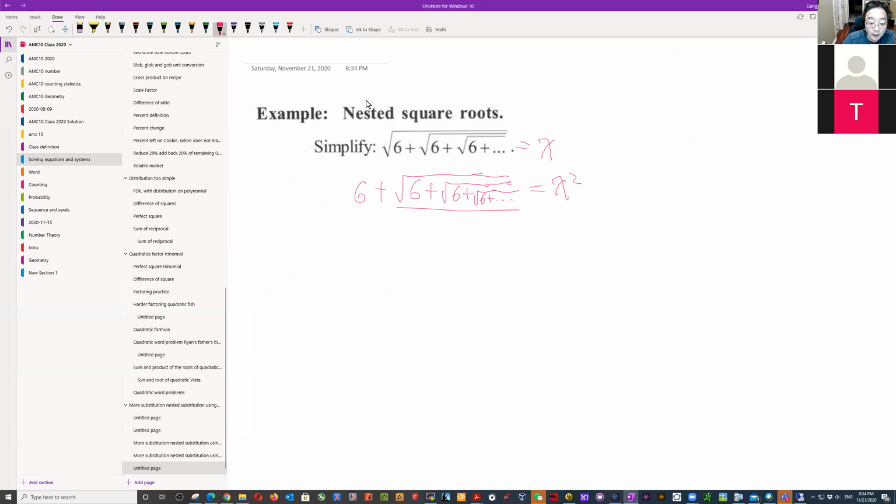And notice this part is exactly equal to the whole thing. So we can replace this part with just x. So 6 plus x equals x squared.